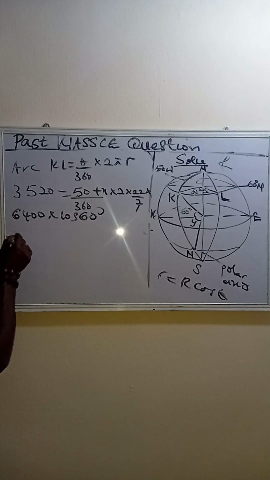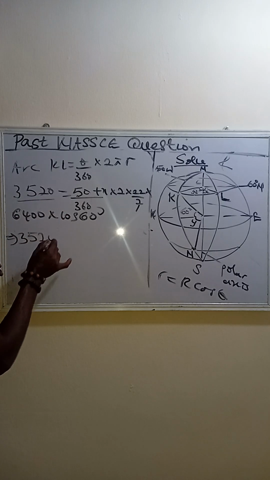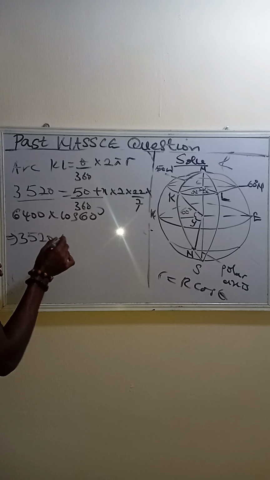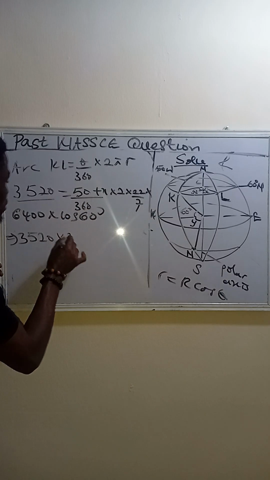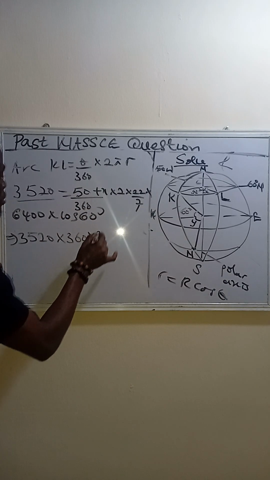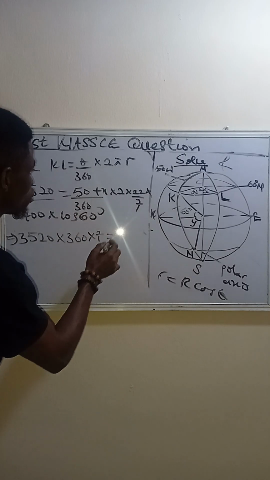Okay? So after that, let's go. We have 3,520 times 360, times 7, equals, you cross multiply.